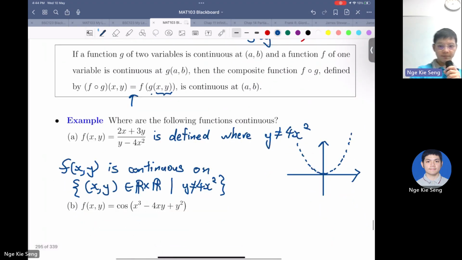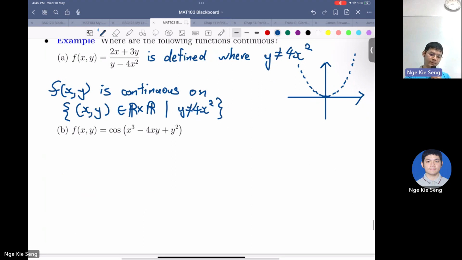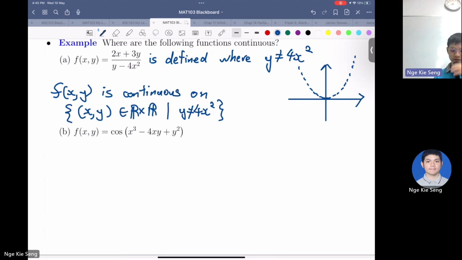How about the next one? Where is the term inside the cos defined? Everywhere also. Okay, cos is also defined everywhere. So this is the composition of a polynomial with a trigo function, right? Okay. So is this function continuous?